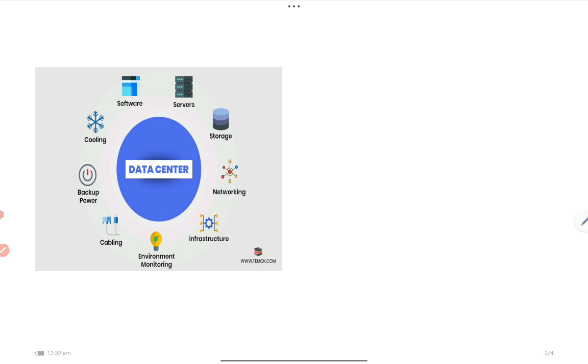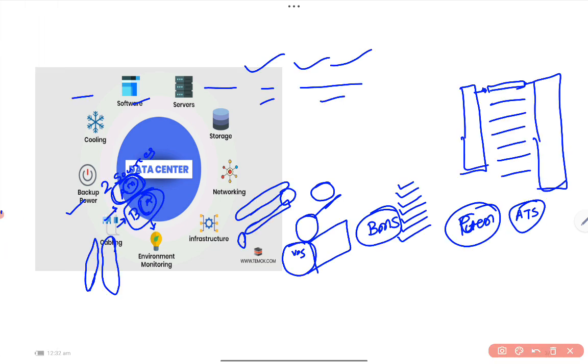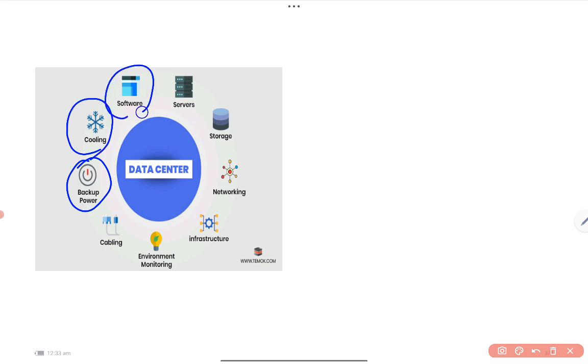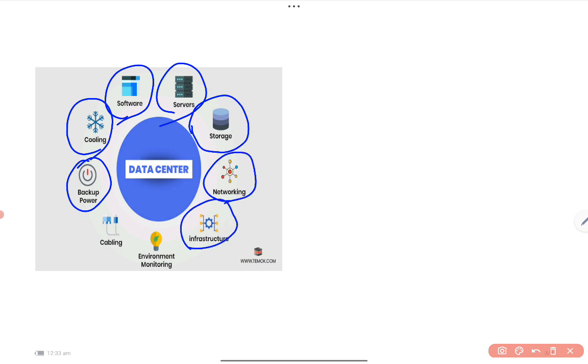Now these are some main components, like the previous one. The main one is our power backup, then cooling is required, then multiple software systems, then servers, then storage racks to store data, then networking is also important, then infrastructure.